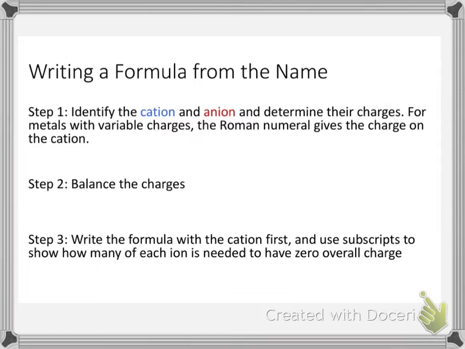So if you have the name, the first thing you have to do is figure out what your ions are. So you have to identify the cation and the anion. Now remember, in names and in formulas, it's the cation first, followed by the anion.